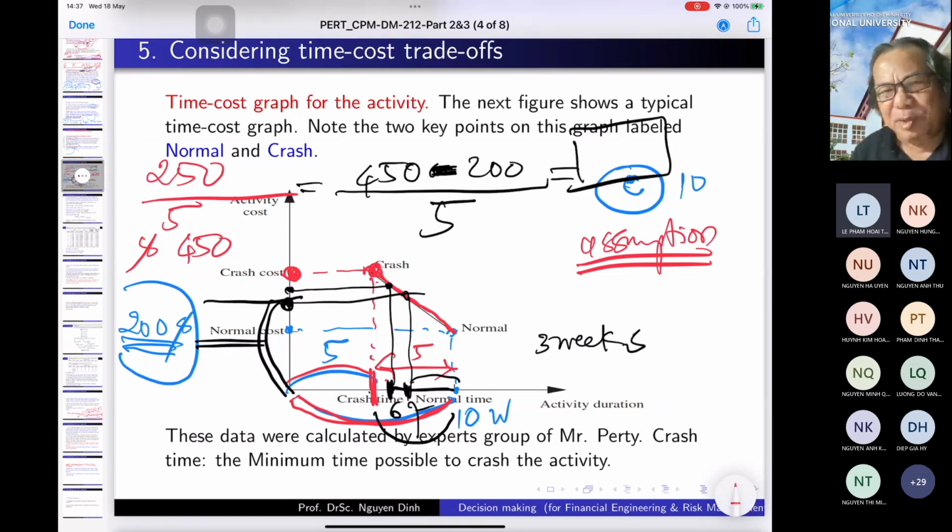So if we reduce 1 week, then $300,000 divided by 3 gives $100,000 per week. That's the way we get the crashing cost for an activity at each week.